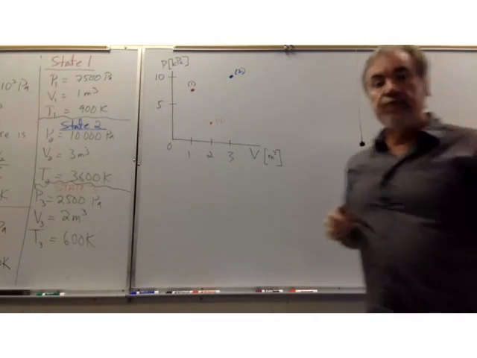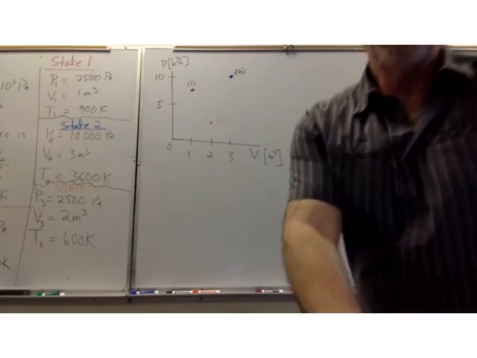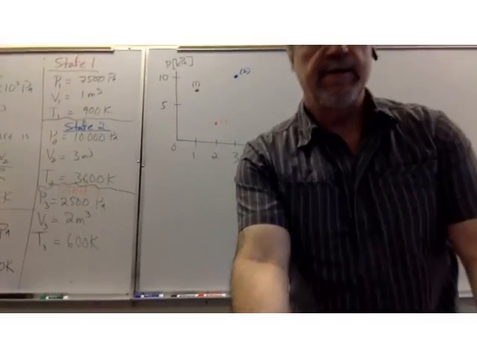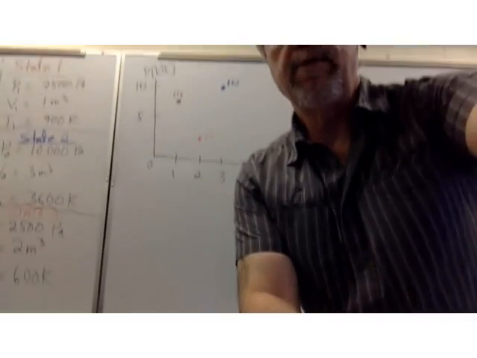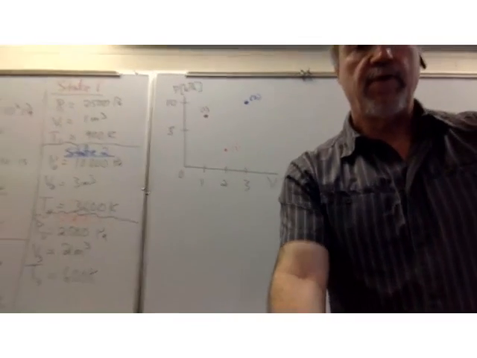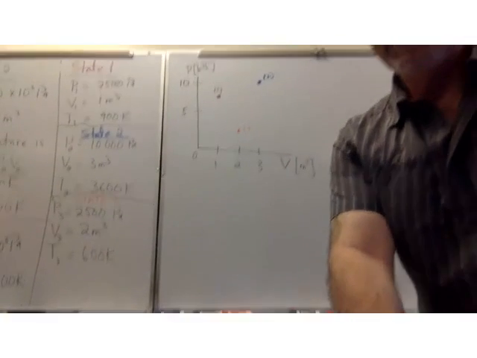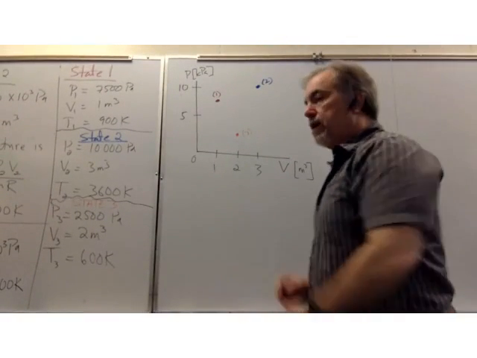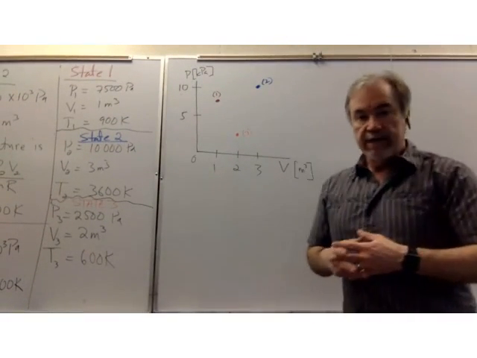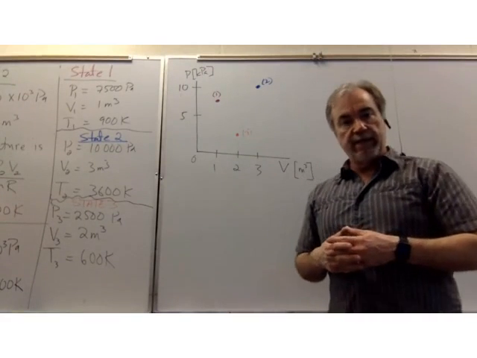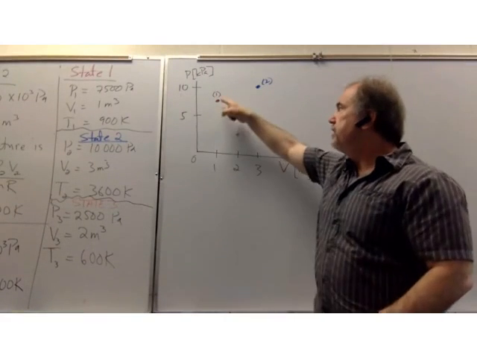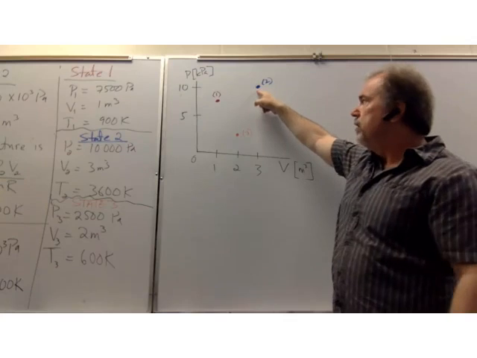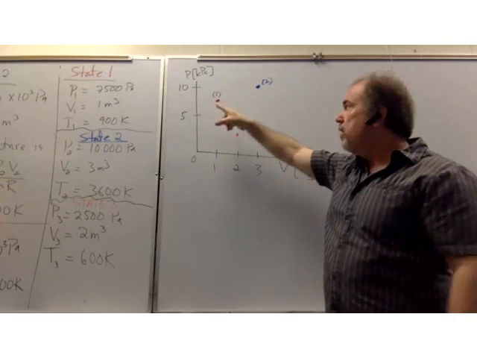Now, as far as the question about how we change the system from state 1 to state 2 to state 3, I can display that on the graph, but it's a little bit tricky because I start here and I end up there. How do I do that?